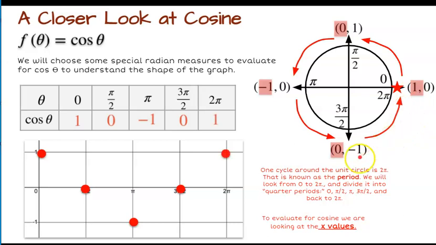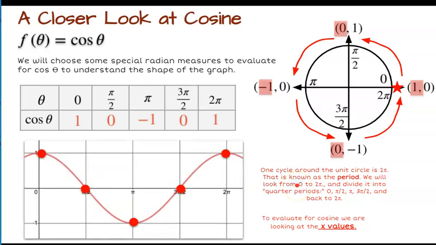And when the angle is 2 pi, we're back at an x value equal to 1, and we plot that point in our grid. Now, connecting the points, the graph of the cosine parent function would look like this. Please note that the cosine function starts at the maximum, and will also oscillate on either side of the x-axis.